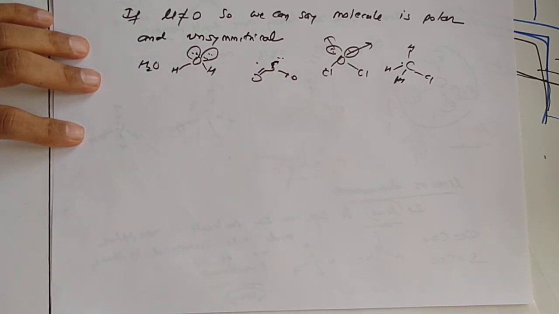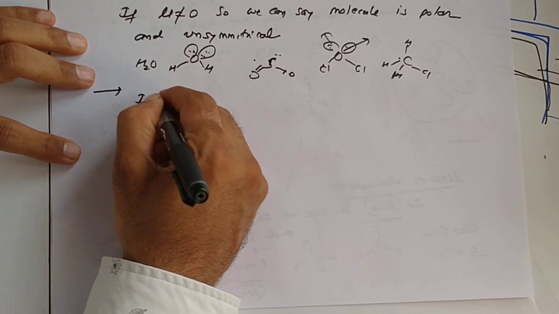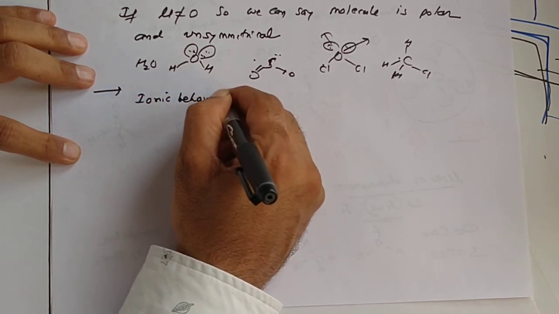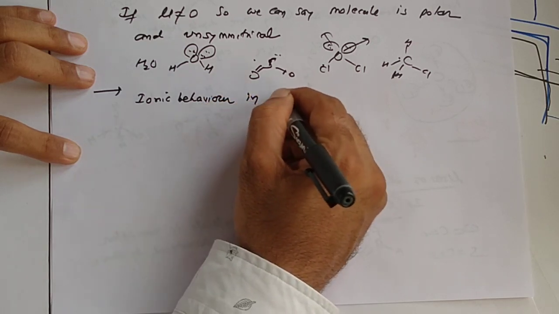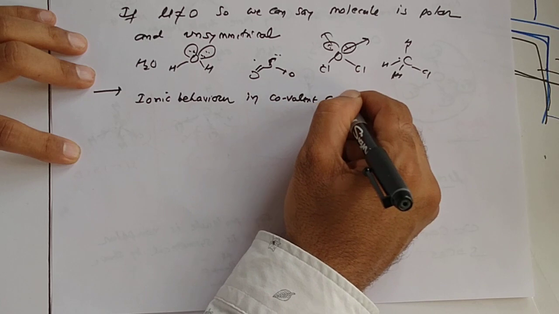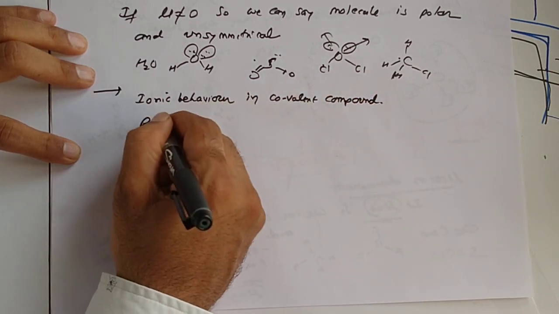Now, ionic behavior in a covalent compound. The formula is given by Pauling.